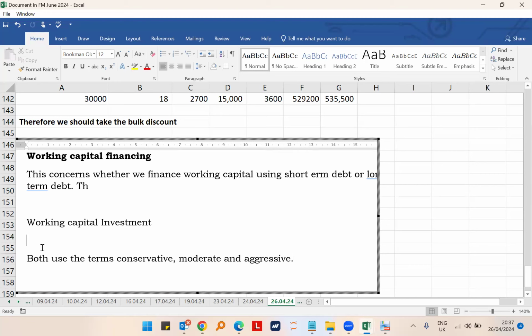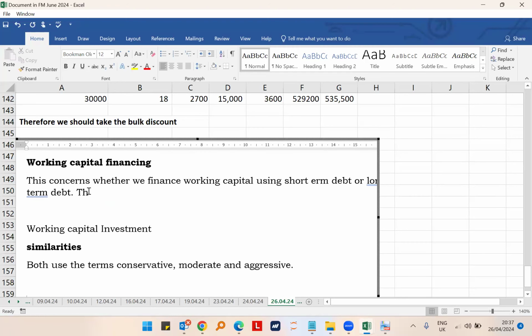Okay, so this is a similarity. Then differences can be put within here, right?